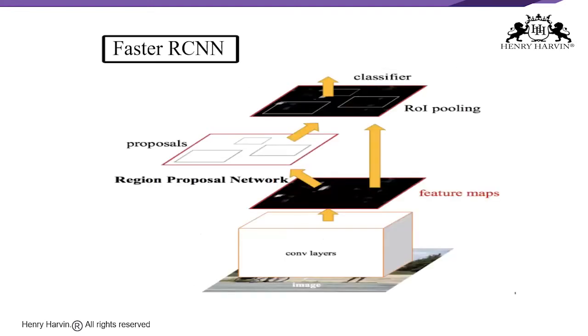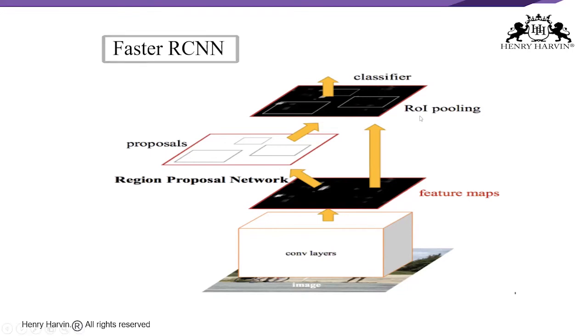So now look at the image over here. You can see the convolution layer. So this is basically the image. Now we will try to understand, right? We have taken an image as an input. It is passed to the ConvNet, which returns the feature map for that image. Now the region proposal network is applied to these feature maps so that it returns object proposals with the objectness score.